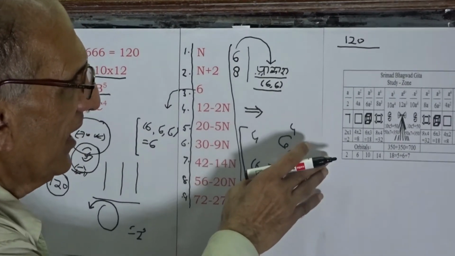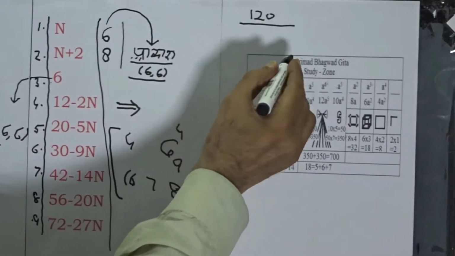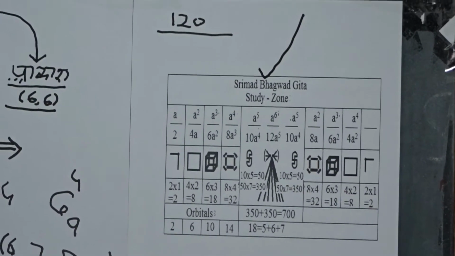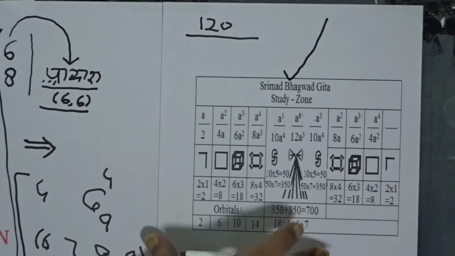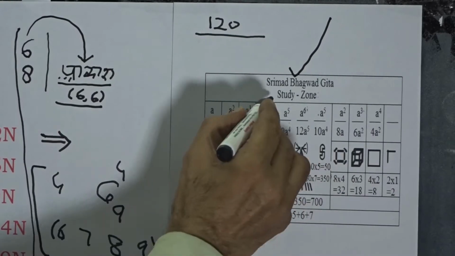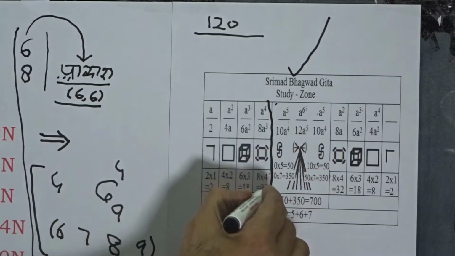Therefore, for it we have to go back to the shelter of Srimad Bhagavad Gita, and this scripture will be sequentially taking us to its central zone.